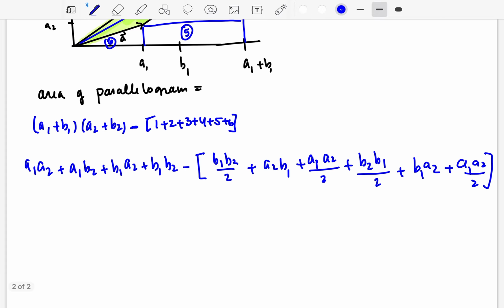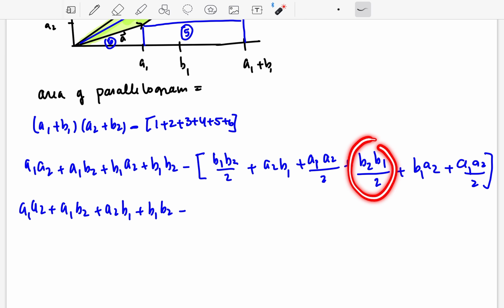So let's see, what do we have? Is there anything that we can just simplify real quick? Well, let's see. A1 A2 plus A1 B2 plus A2 B1 plus B1 B2 minus B1 B2. So this B1 B2 and B1 B2, that gives me one of them.